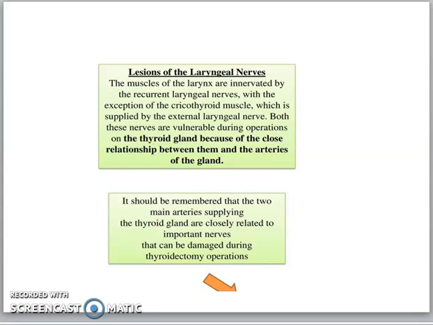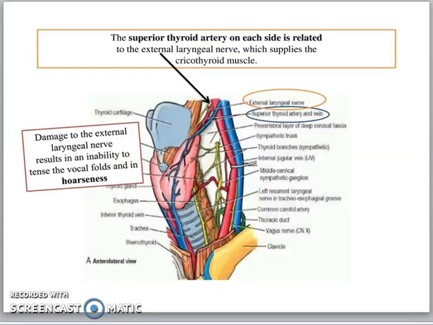So both these nerves are vulnerable during operation on the thyroid gland because of the close relationship between the nerves and the arteries. So during the operation, it should be closely monitored.